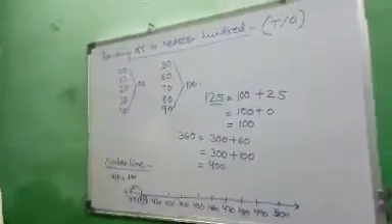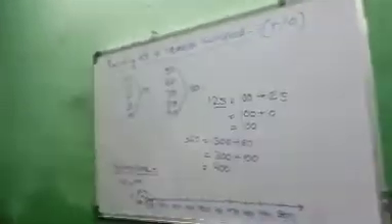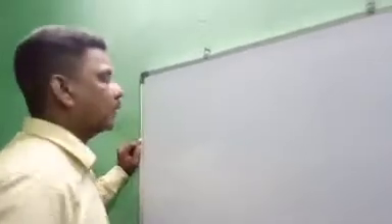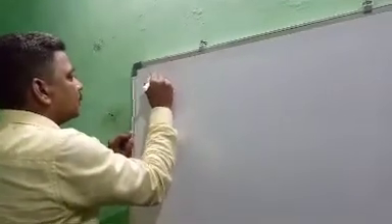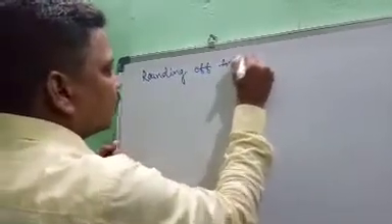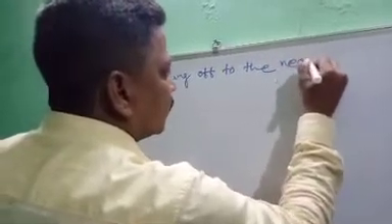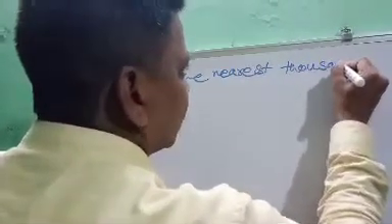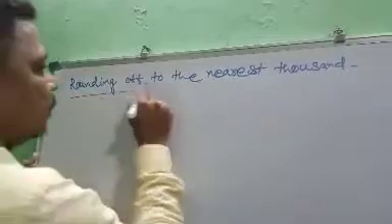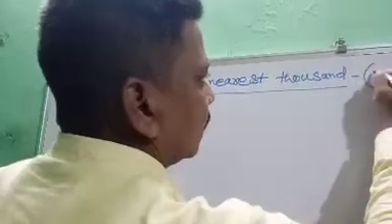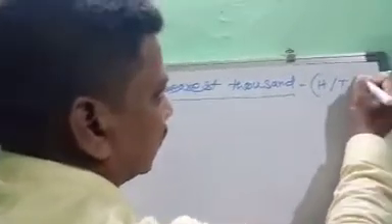Our next rounding is to the nearest thousand. While rounding any number to the nearest thousand, we have to look at 3 digits, means hundreds, tens and ones. Okay.